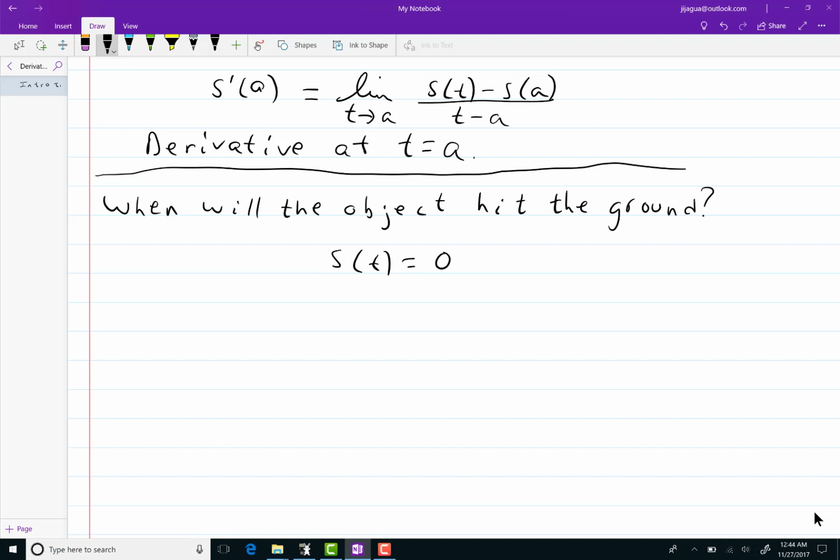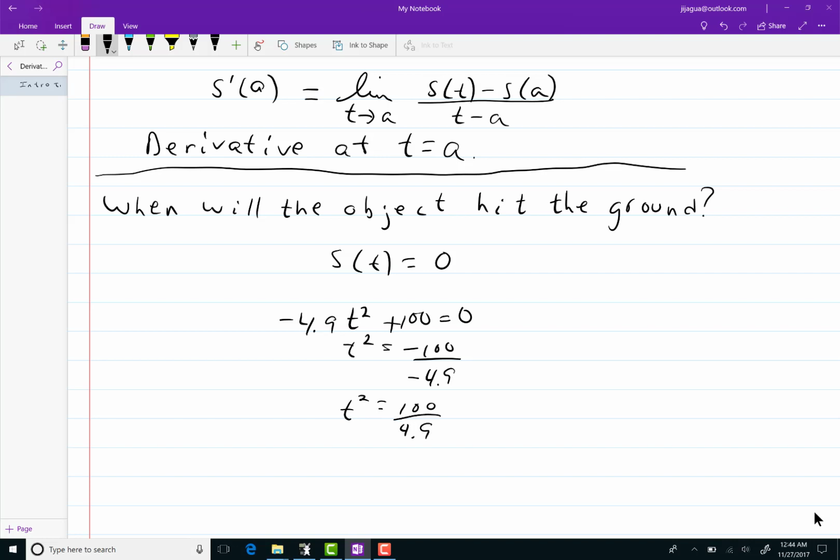So let me replace s of t with negative 4.9 t squared plus 100 equals 0. And then I'm going to solve for t. So t squared equals negative 100 divided by negative 4.9. T squared equals 100 over 4.9.